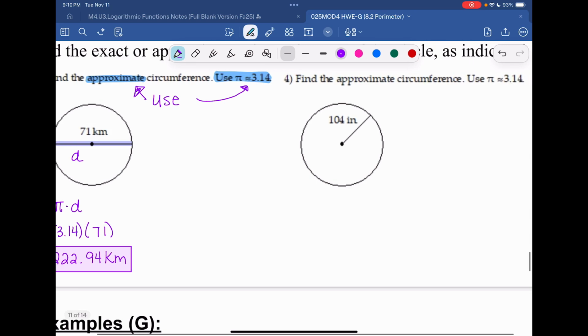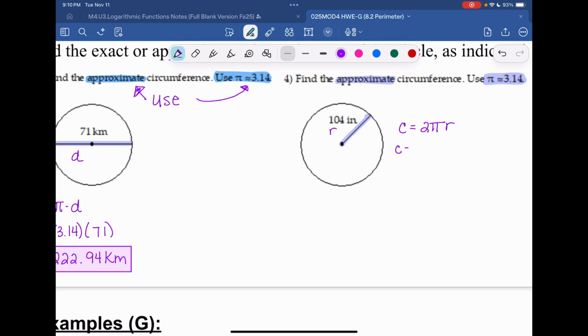Okay. This one, again, it says find the approximate circumference. Use pi equals 3.14. And I have a radius because it only goes halfway. So circumference is equal to 2 times pi times r.